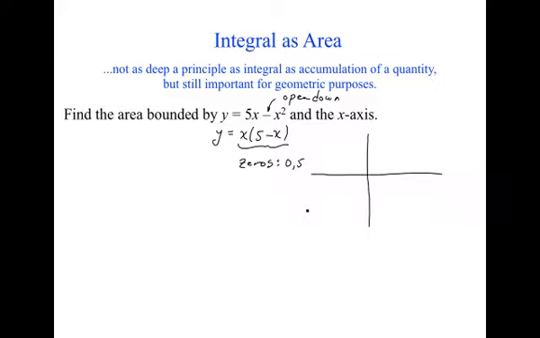0 and 5. And so if y is 0, then where are these zeros? On the x-axis, right? On the x-axis, y is 0. So when x is 0, y is 0. When x is 5, y is 0.